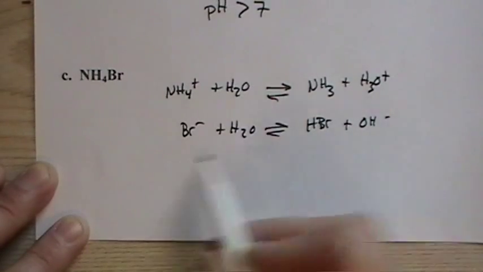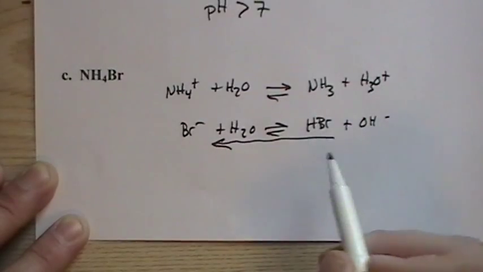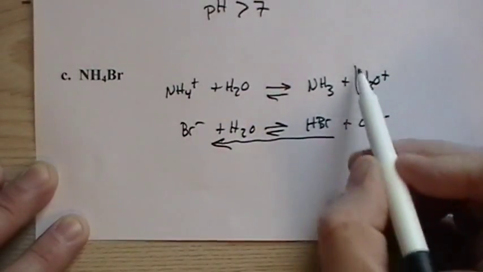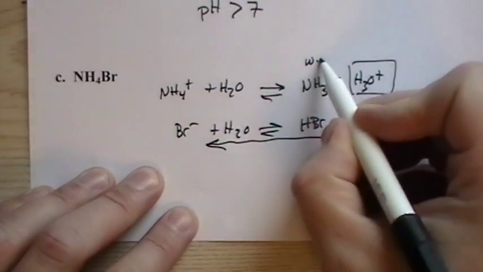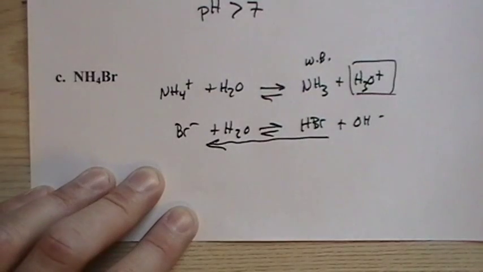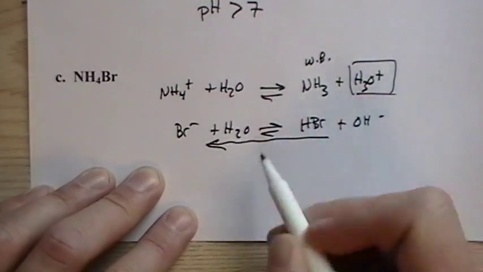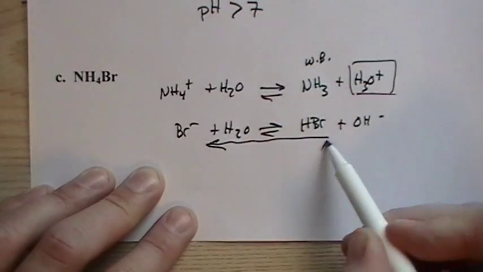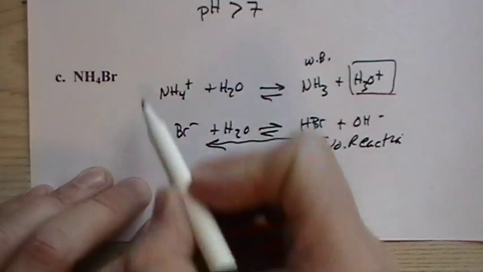It's going to react back and go right back to the start. And then we have, this is going to produce H3O plus. And this is a weak base. And it likes to be in this form, so this H3O plus is going to grow in concentration. So this is no reaction below, so this is acidic.